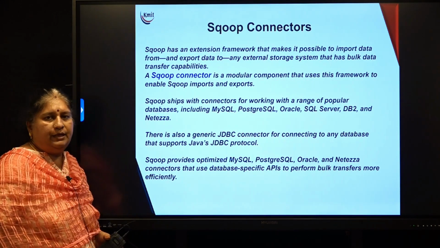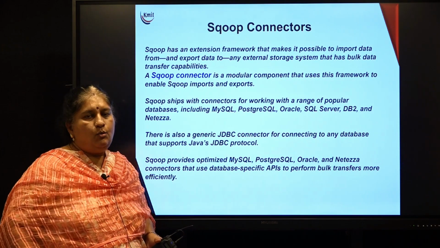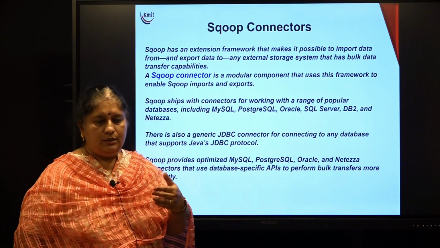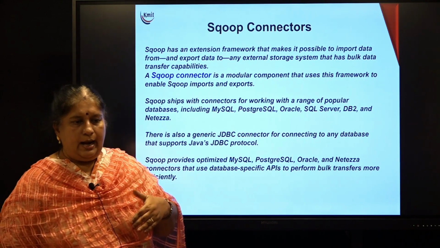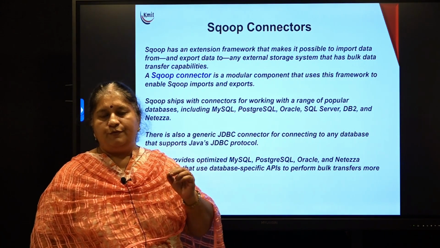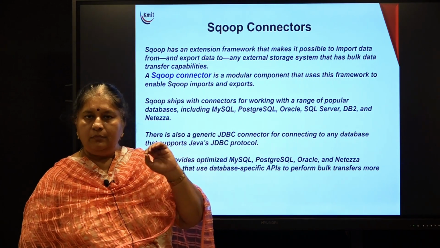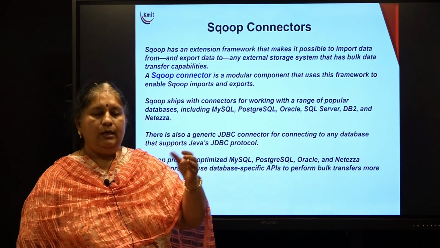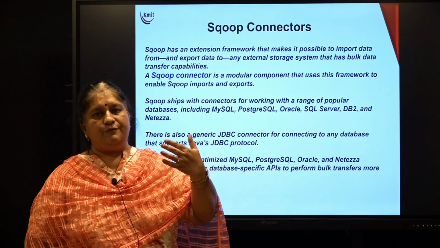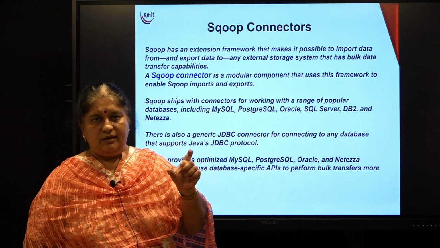Before actually working with the Sqoop import command, we should know something called Sqoop connectors. What exactly are these connectors? Say for example, I want to work with Sqoop and I want to take data from SQL. We know most of the Hadoop framework is Java based, and I want to read data from Oracle or SQL. So from a Java based program, you are trying to take data from SQL or Oracle. I definitely need JDBC drivers.